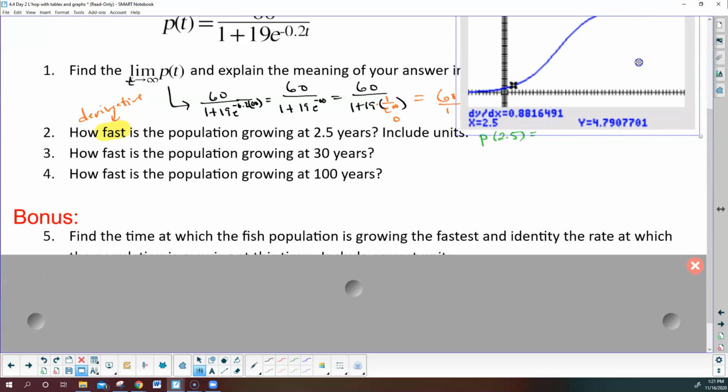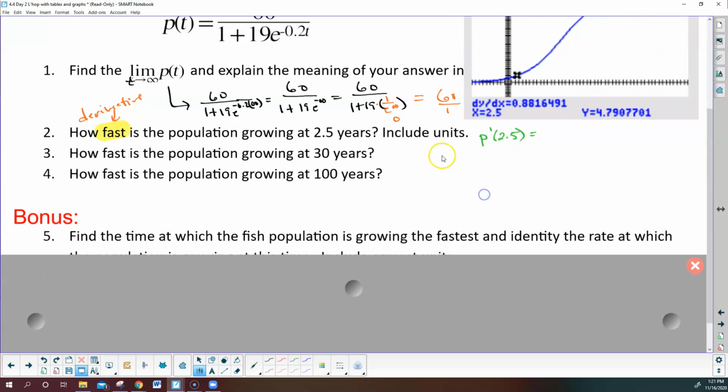So if I was going to just take this answer, the derivative part is the dy dx, and I'm going to round this to the nearest third decimal every time. And then we got to think about, well, what was this? The rate. This is a rate. It's fast. We're comparing the outputs, which are fish, to the inputs, which are year, so fish per year.